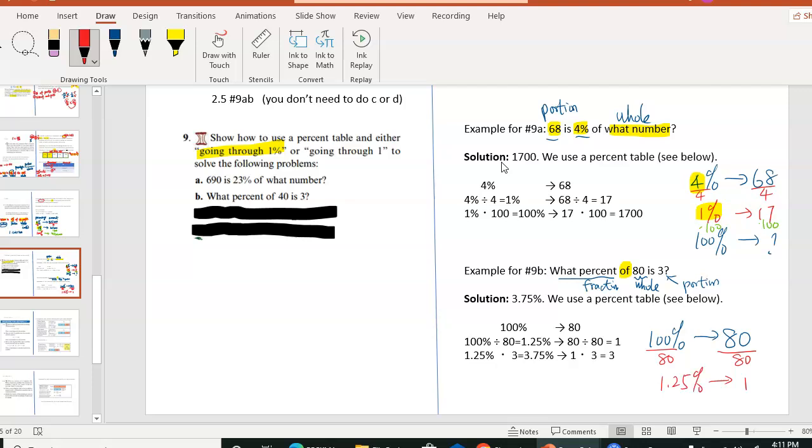If you have trouble doing this, you may have to do a little bit of long division, or maybe we haven't talked about this yet, because we will talk about this in chapter 6. You may use a calculator to help you get 1.25 here. Or you can just use a fraction.